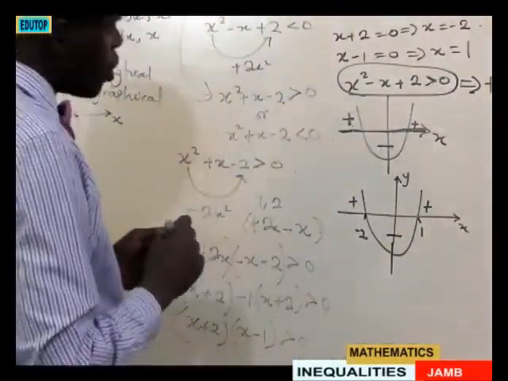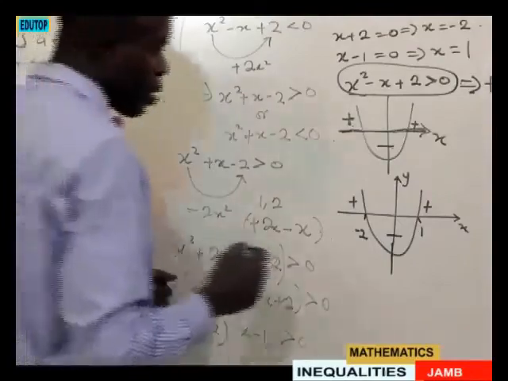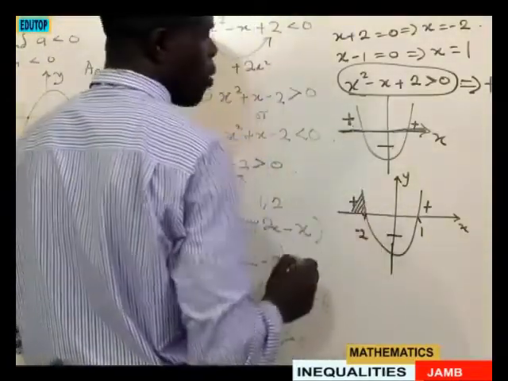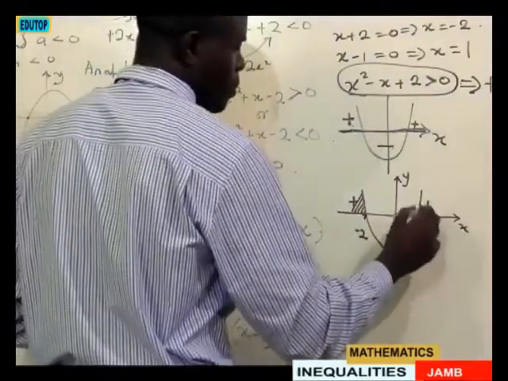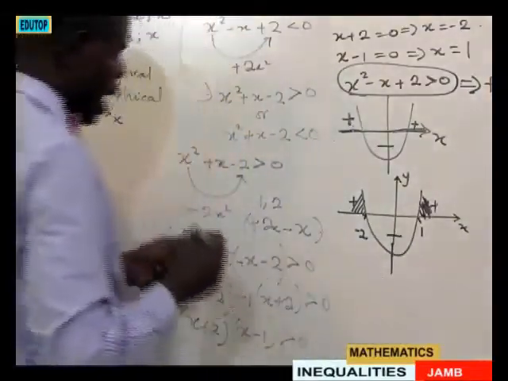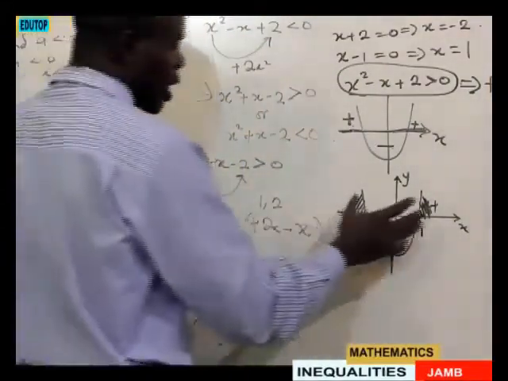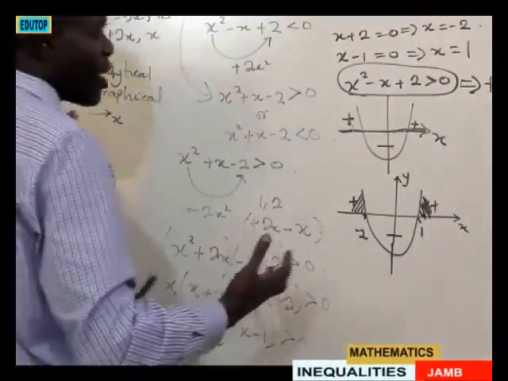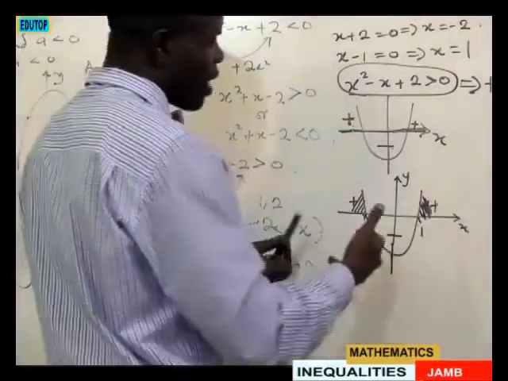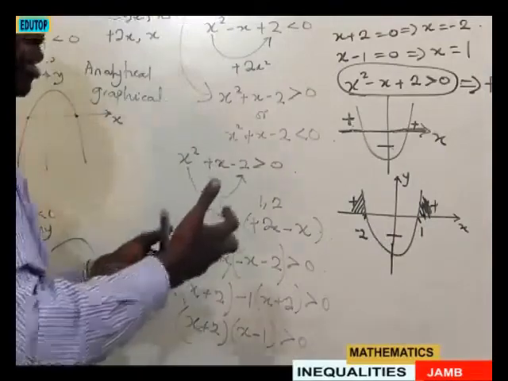So we go to our positive region and shade it. Where is our positive region? This is the first one. We shade this part. Where is the second one? This part. This is our positive region. We shade this part. Now, what it means is that if you look at the 2 shaded parts, they don't have any point of intersection, they are not convergent. So automatically that means they will go separate ways.